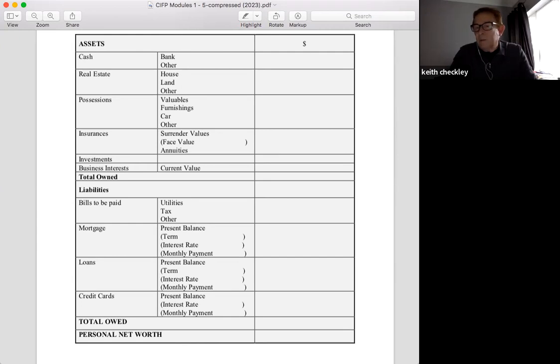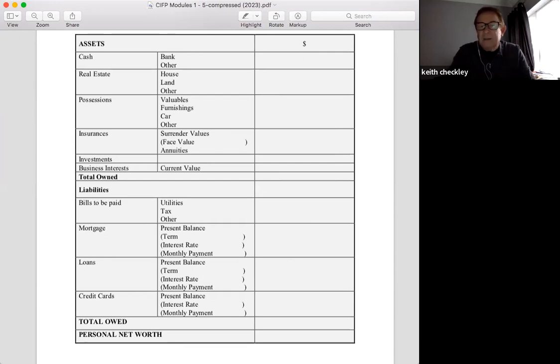And basically, whether it's a personal balance sheet or a business balance sheet, the idea will simply be a balance sheet struck at a moment in time. So, this afternoon after you finish class, if you wanted to draw up your own personal balance sheet, you could do it then, or you could compare that with how it was maybe a couple of months ago or a year ago, whatever frequency you want. So basically, it's a statement of assets and liabilities.